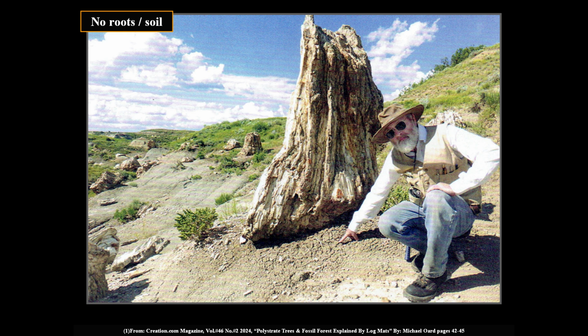Somebody might say, well, maybe it was eroded away, which very well could be, but it still does not explain that that tree does not have any roots whatsoever. That tree, with the others around it, were ripped up from another location and carried to that location and dumped. That's what happened with that area there.